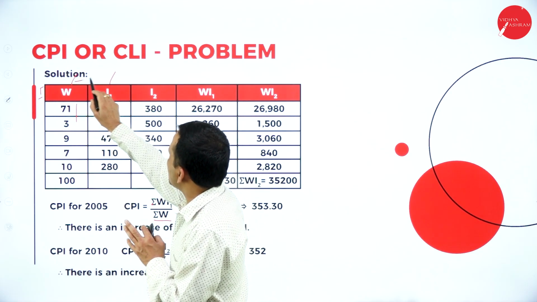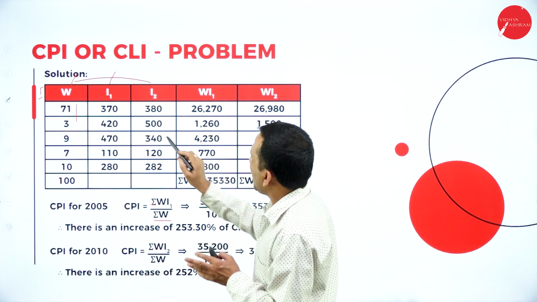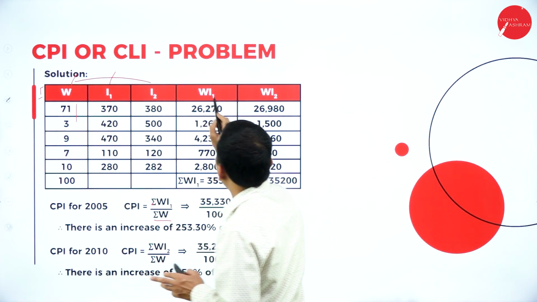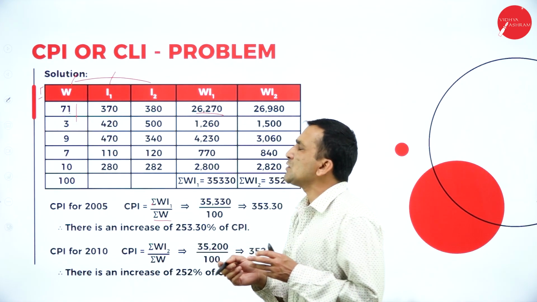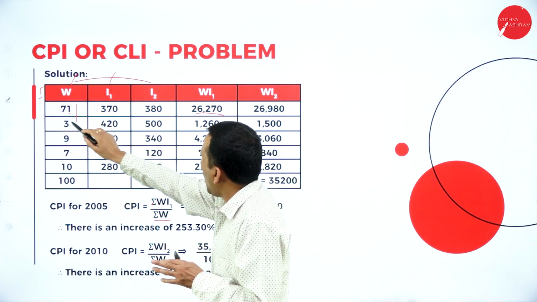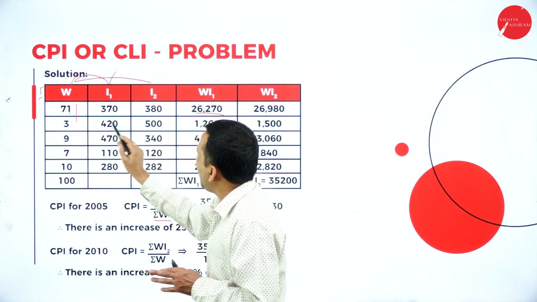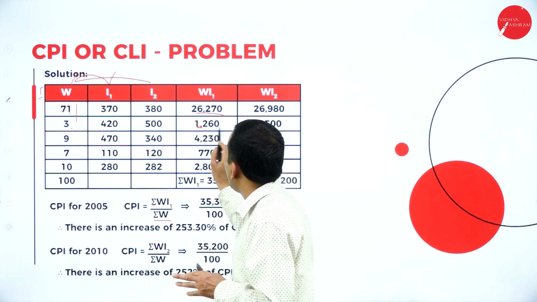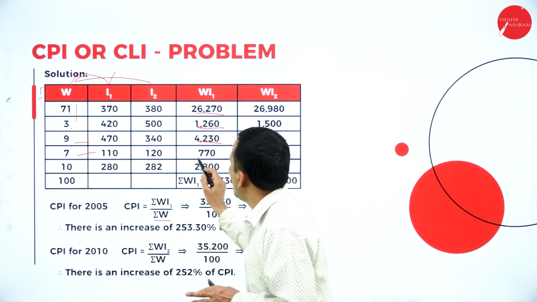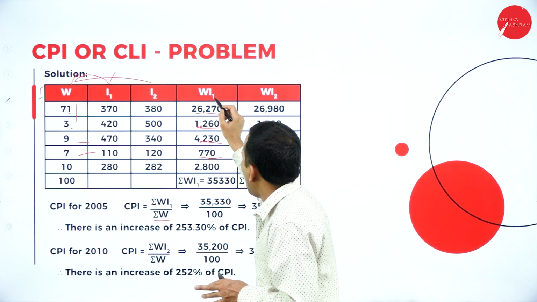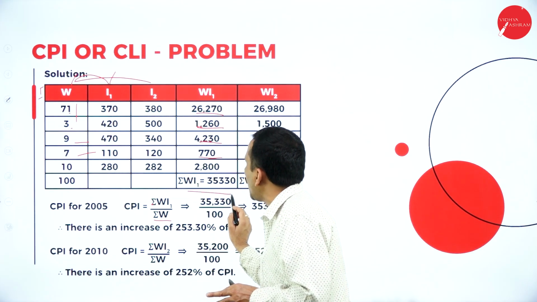Using these three columns we multiply weight into I1. So 71 into 370 is 26,270. Again, all these columns: 3 into 420, 9 into 470, 7 into 110. After this you need to take the total.